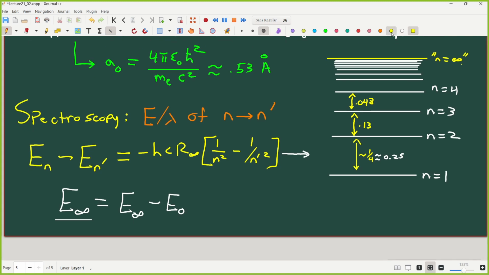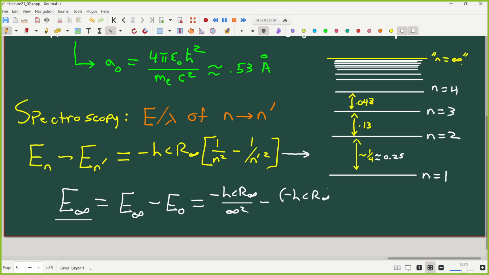And E infinity is going to be minus hcR infinity over infinity squared, which of course isn't real, minus hcR infinity over 0 squared.